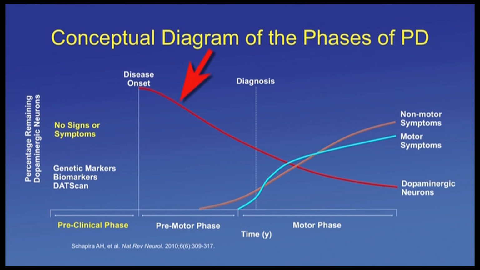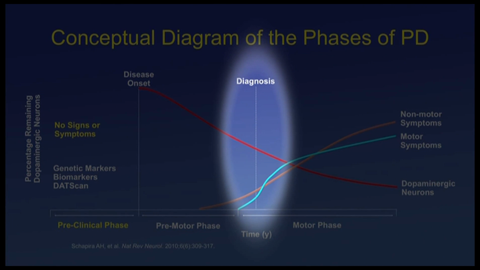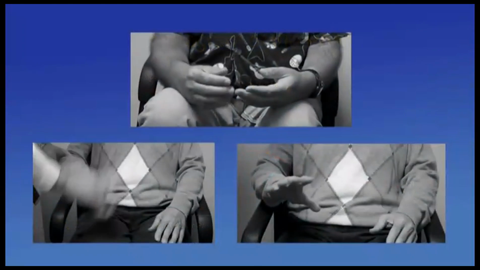The red line shows as the Parkinson patients increase their journey into the disease process, we have a reduction in the number of dopamine neurons. And about halfway through the premotor phase, we have the onset of non-motor symptoms, which I'll describe to you later. Those non-motor symptoms occur more, and we accumulate more of them, but at the time of diagnosis, we base our diagnosis on the aspects of the motor symptoms.